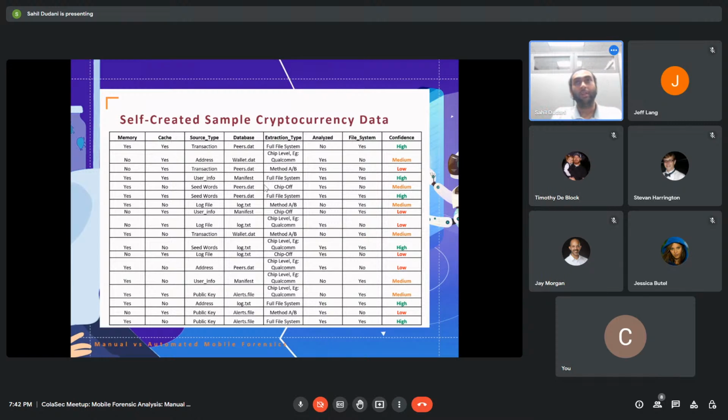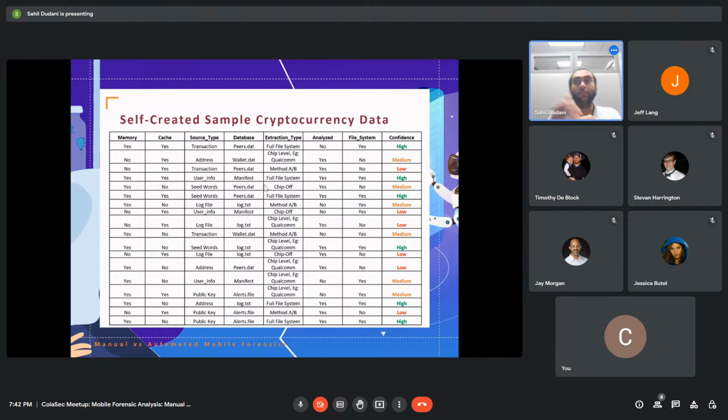In mobile forensics, the amount of data that you get is a lot. I'm not comparing it to computer forensics because that's a different problem altogether, but there is a lot of redundant data that you don't need to go through.